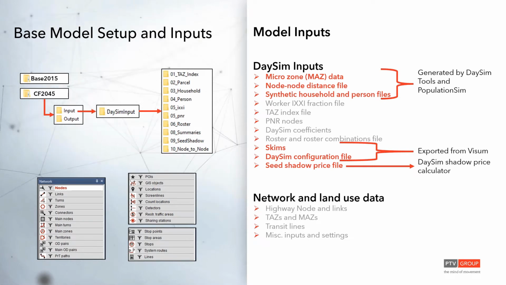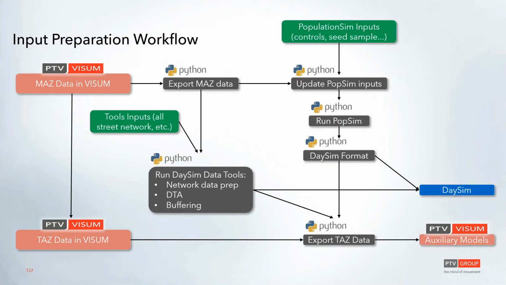So let's quickly look at this flowchart that tries to explain that workflow. It starts with all the MAZ data that's in Visum, and there's a Python process which exports the MAZ data in Visum, and the exported MAZ data gets used to update PopulationSim inputs.